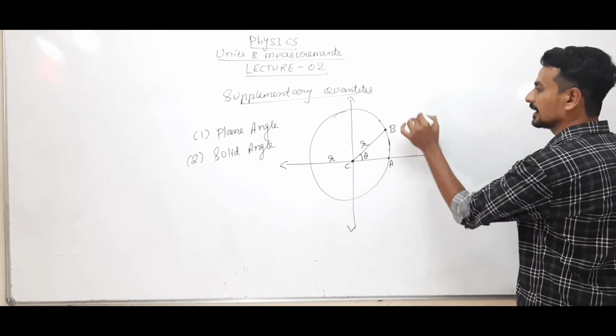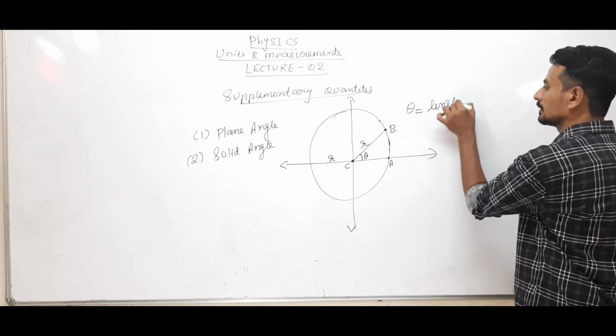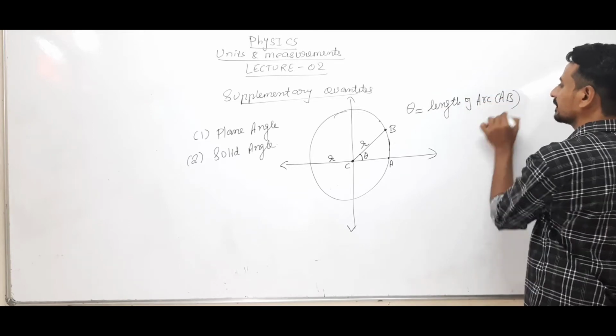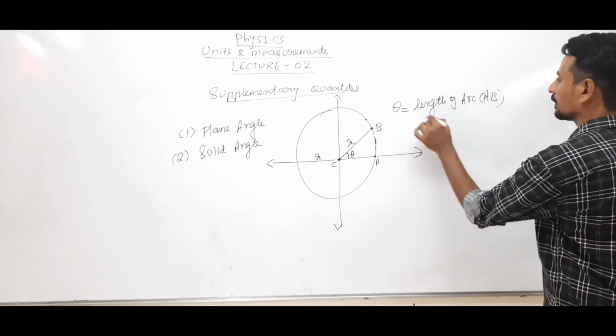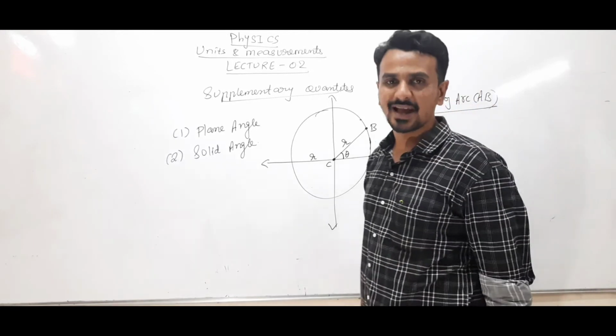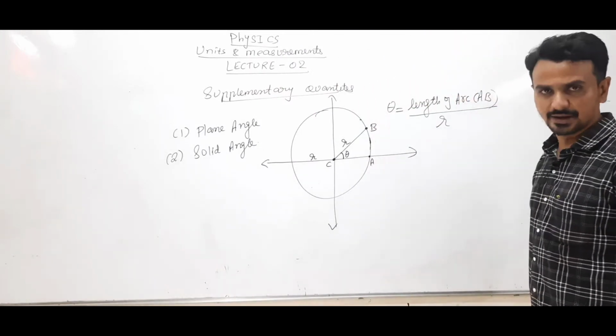So plane angle is defined as theta equals the length of arc, in the present case the length of arc AB, upon radius r. You must have already studied this in your maths subject in 10th standard. Angle is arc by radius.